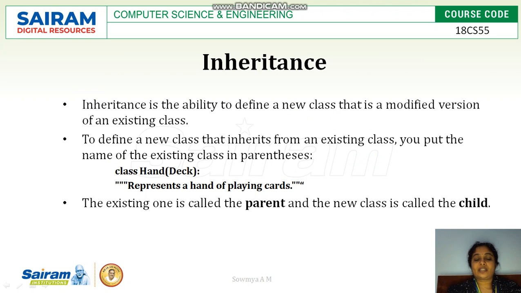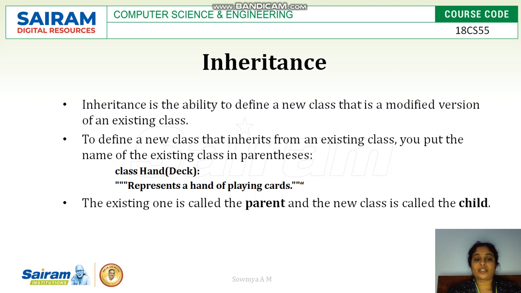So now we will see what inheritance is. Inheritance is an ability to define a new class that is a modified version of an existing one. To define a new class that inherits from an existing class, you have to write the class like this: the class name, and inside the parentheses you write which class you are inheriting.